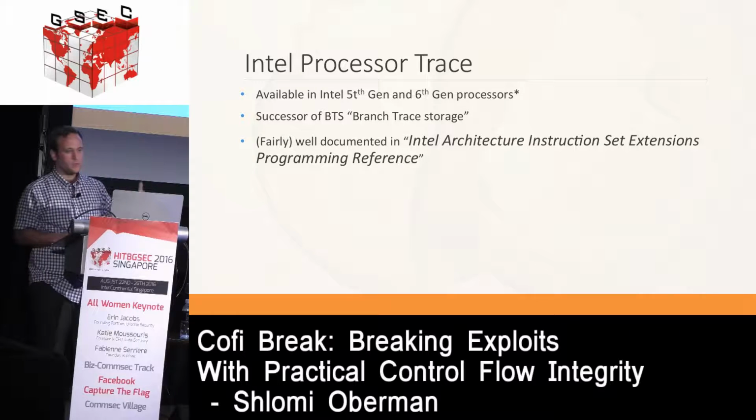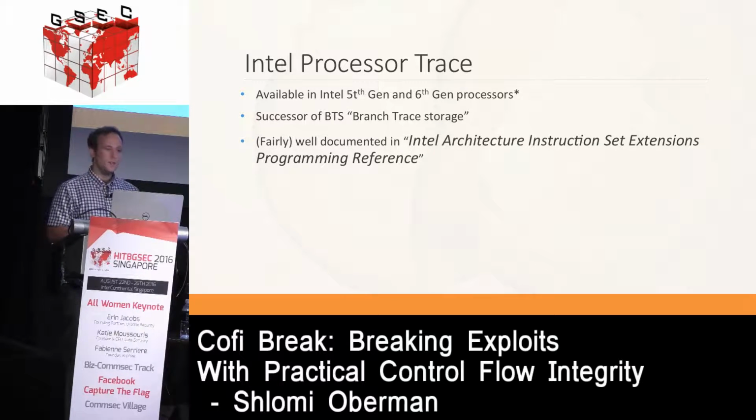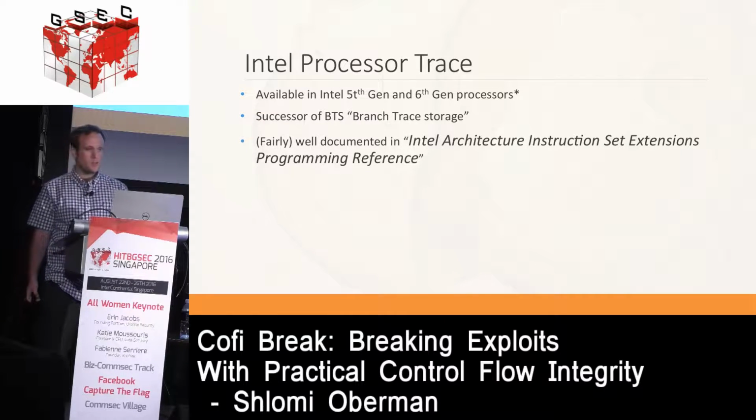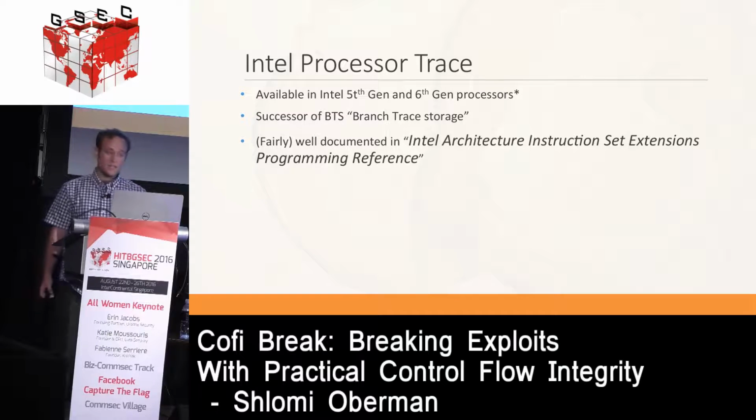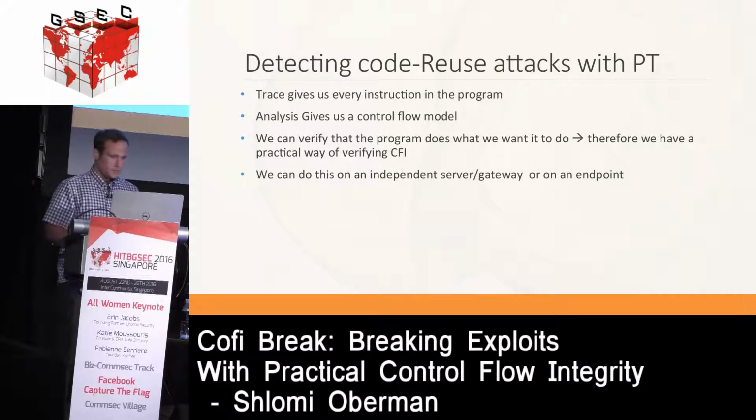The branch trace storage would make a program run 40 times slower, while Intel PT, processor trace, has a 5% overhead, which is very, very different. I also put a star next to available in Intel 5th Gen CPUs because if you read the documentation carefully, you might deduce that it has been available before, but wasn't documented. I don't actually know if this is true, but it seems to be the case when reading the documentation.